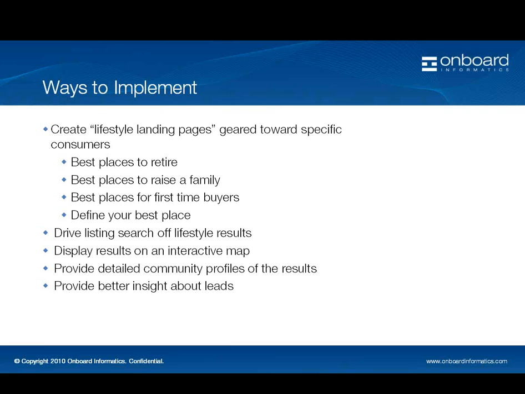The other very important aspect is that it's not just a fun tool where I show somebody the best places for them to live. Ultimately it's important that you drive the listing search off of your lifestyle results. So I'm looking into a couple of different towns or neighborhoods, but then I want to search for listings within them. It's very easy to tie the listing search to a result.